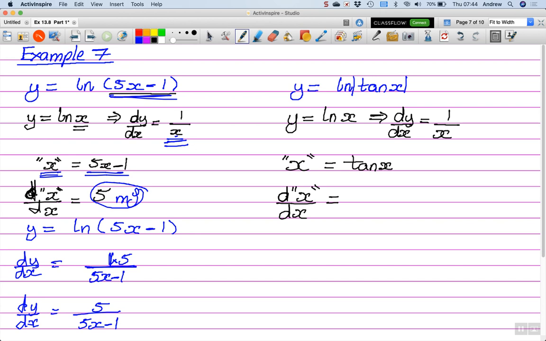I'd appreciate it if you now start reaching for your formulas and tables books and go to page 25. And if you go down page 25, you'll see that tan x, when it's differentiated, gives sec squared x. And this is going to be our multiplying factor. So now we're going to do the original problem as set. We've got y is equal to this.